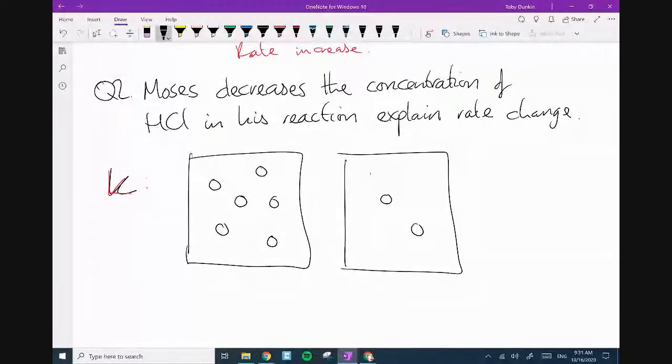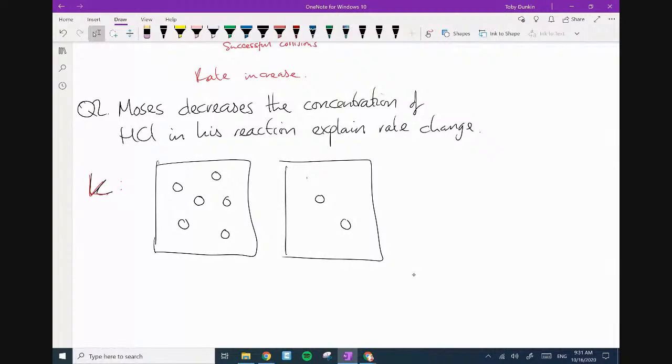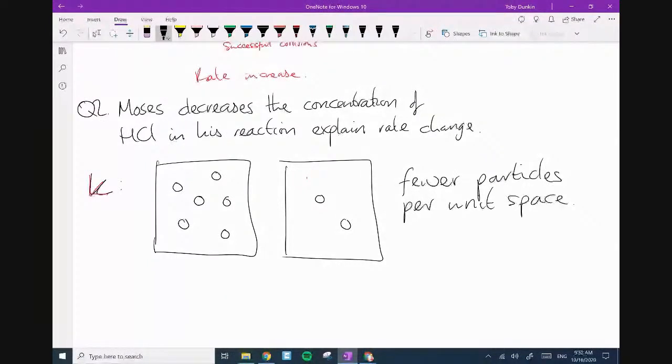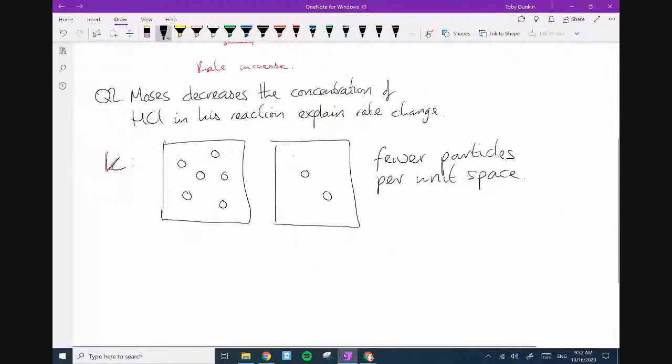The key answer is there are fewer particles per unit space. Fewer particles per unit space. There's your knowledge.